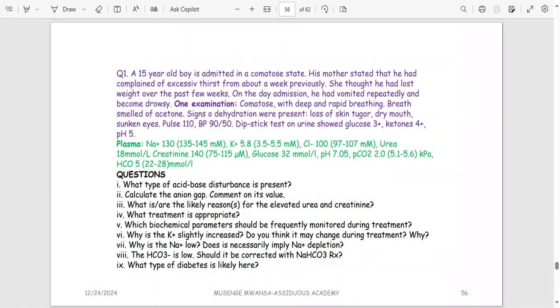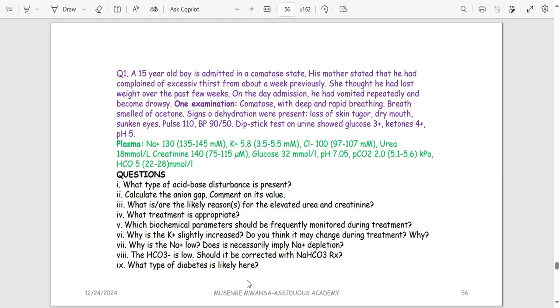Since we know it is acidosis, there are two possible things that can cause acidosis. Either there is a gain in acid or a loss in base. If you have got low base, it means that is the cause. If you have got high acid, it means that's the cause.